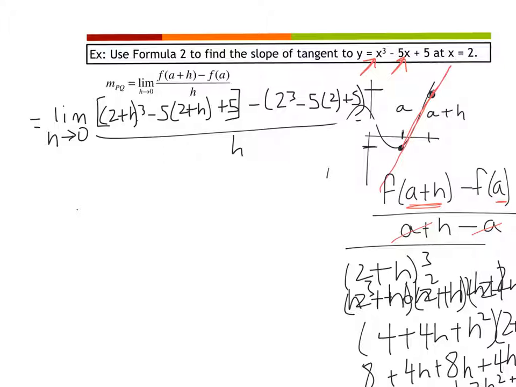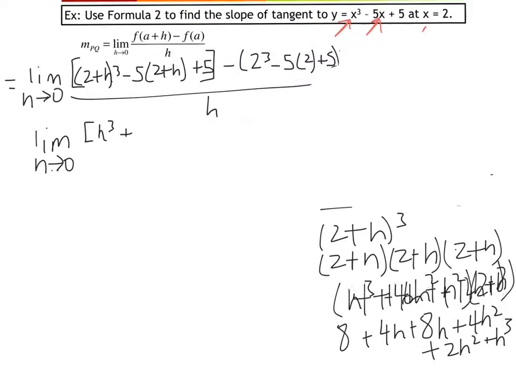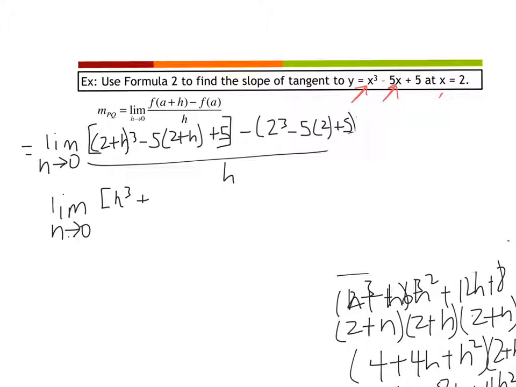I know it's crazy. Okay, I'm just going to erase some of this. So here what I have is the limit as h approaches 0 of, and at the top I have h cubed plus 6h squared plus 12h plus 8 minus 10 minus 5h plus 5 minus, and I would do this part probably.